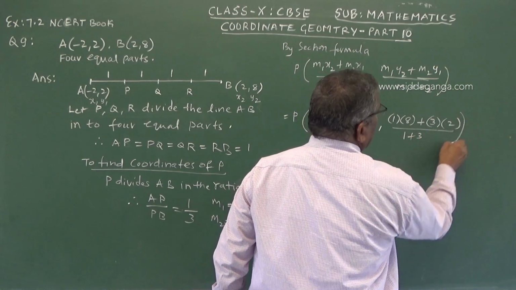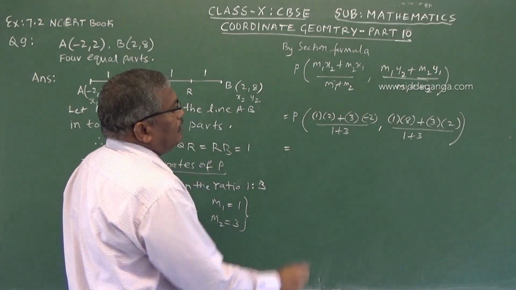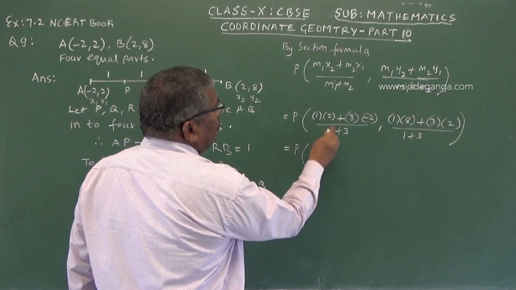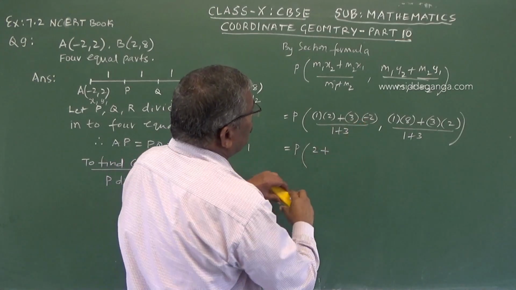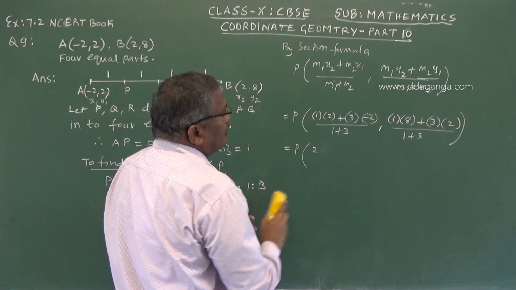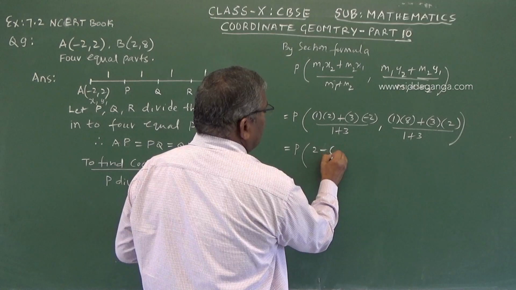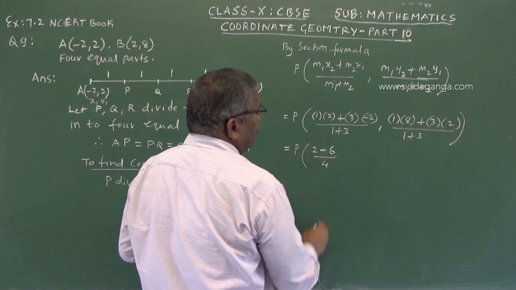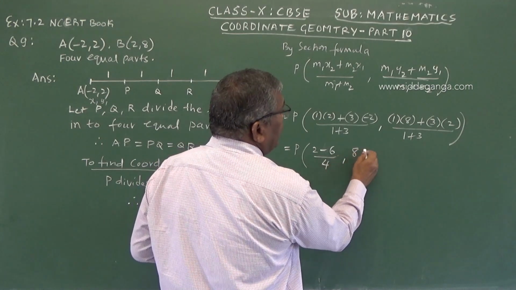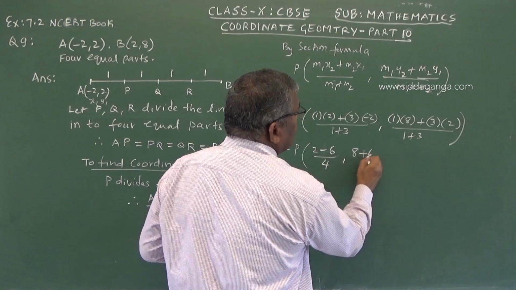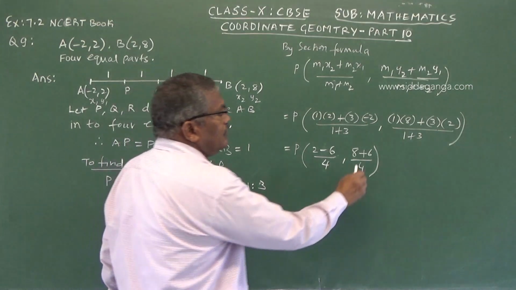So the coordinates of P equal 2 into 1 is 2, plus 3 into minus 2 is minus 6, divided by 4, comma, 1 into 8 is 8 plus 3 into 2 is 6, divided by 4.